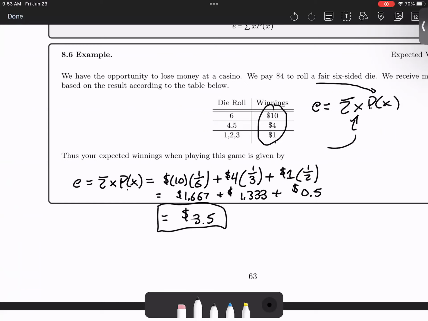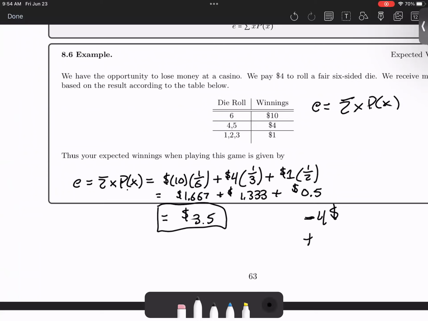Right? You're going to get 10 sometimes, you're going to get 4 sometimes. And then the average of all those results is going to be, you get $3.5 every time you play this game. So if you pay $4 to roll this die, so let's put a negative in front of it because you lost that money to play.